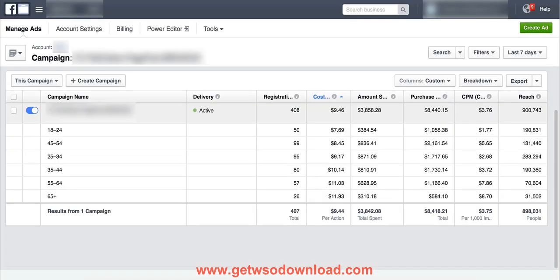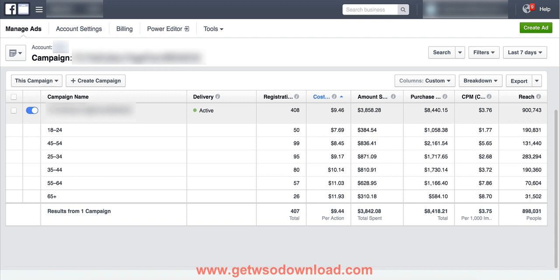Okay, so here we are in my Facebook account, and what you're looking at is the same campaign that we've been going over in the past 3 videos of split testing, but this one is a split test and a breakdown by age group, and it's extremely eye-opening for me, and it's showing me where some serious ROI is, and it's kind of crazy how it works.